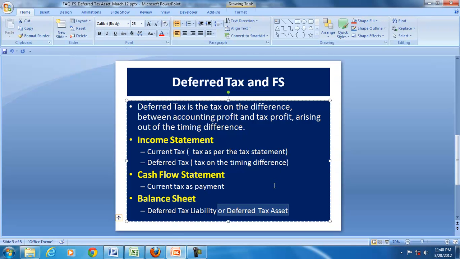So therefore, the amount of deferred tax, which is the tax on the timing difference, appears in the income statement as a negative or a positive, and accordingly in the balance sheet it will appear as a DTL or DTA. In one of the future sessions we will try to understand what is this DTL and DTA. Is it a liability or an equity?